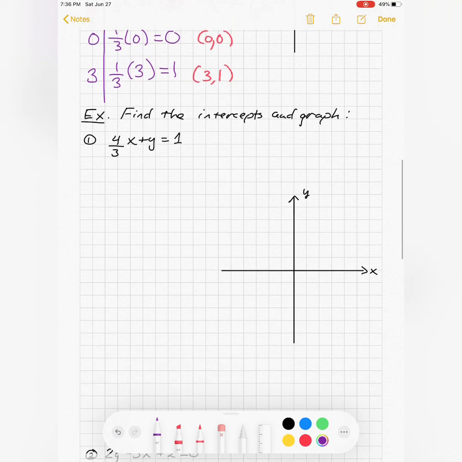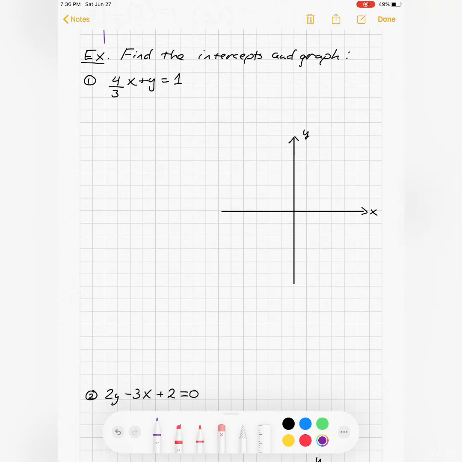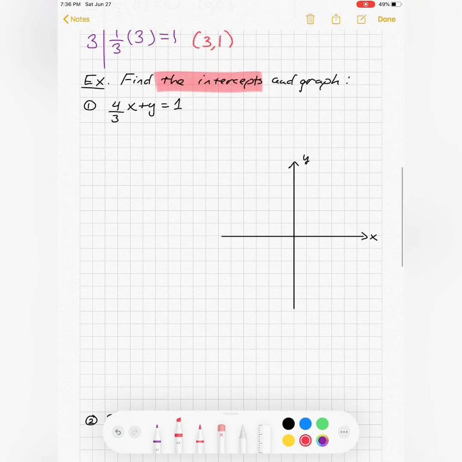So that's one idea for how to graph a line. I can do it by actually plotting points, as in making a table of values. Another idea is to find the intercepts.